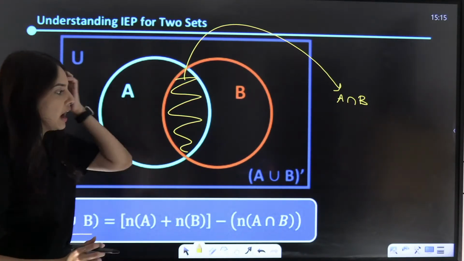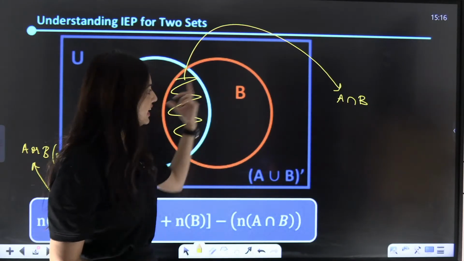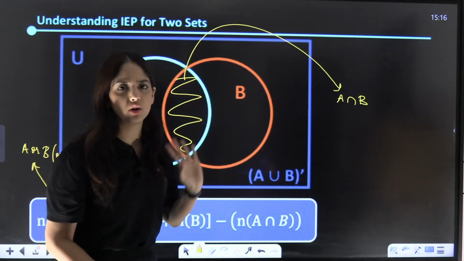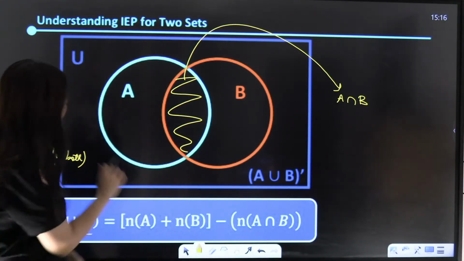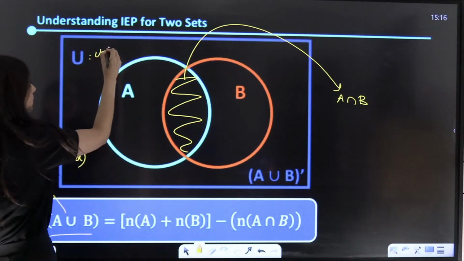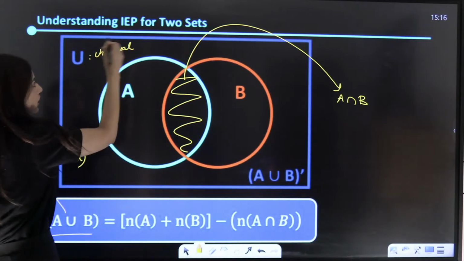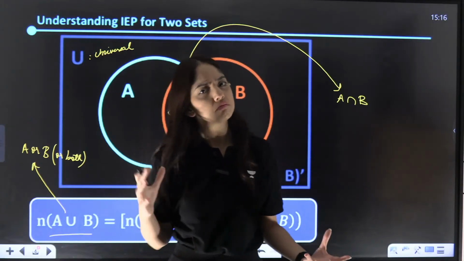That is how we calculate the total number of elements in either A or B or both, at least in one of them. The rectangle outside this is called the universal set. Universal set is all the elements that could have been there, that we are talking about.